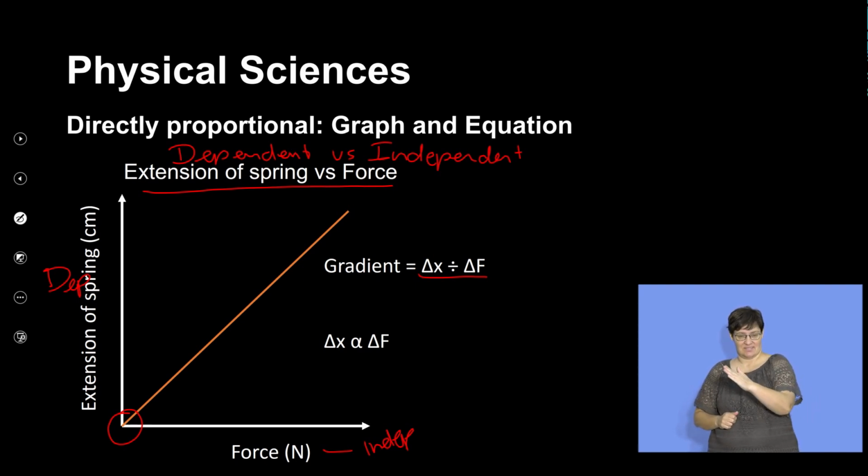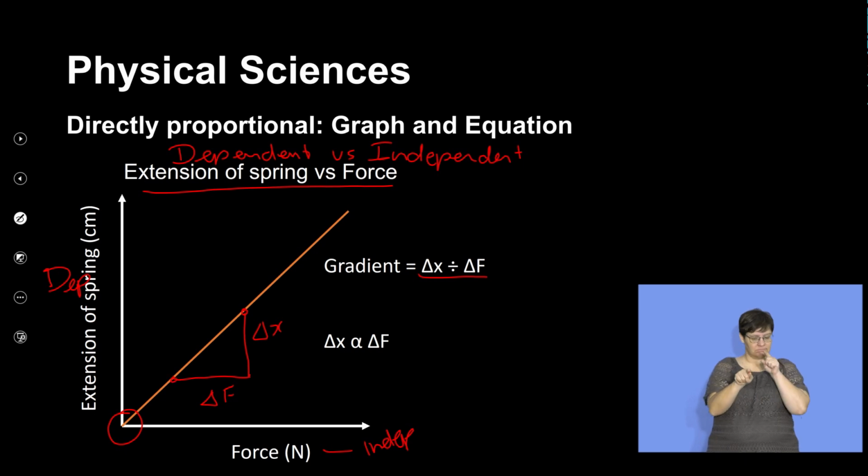We can work out the gradient by looking at the change in the force. So the change in the force would be written over there, and the change in the extension would be written over there. And we can measure that by looking at the different coordinates on a piece of graph paper.